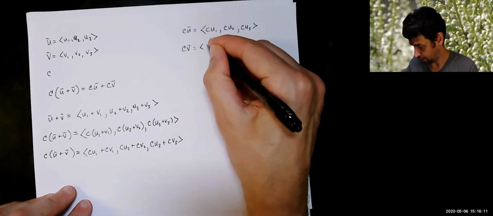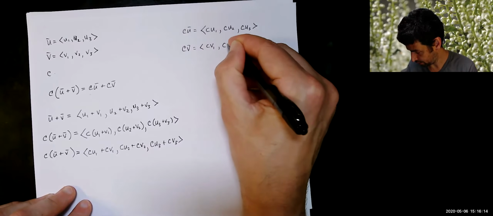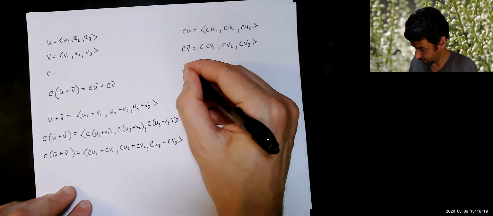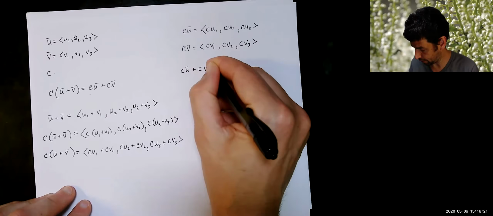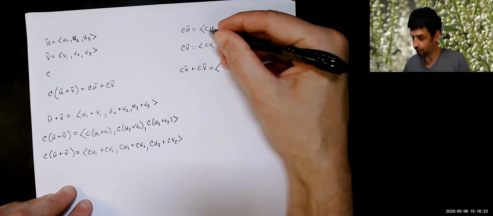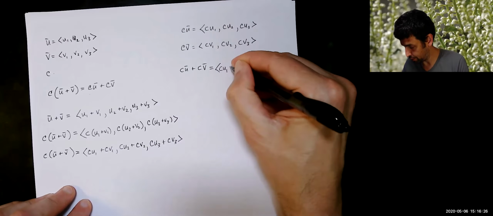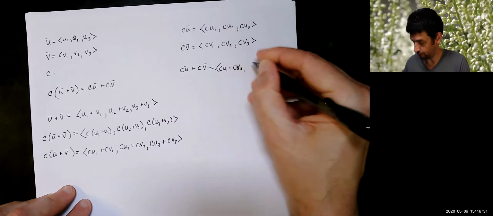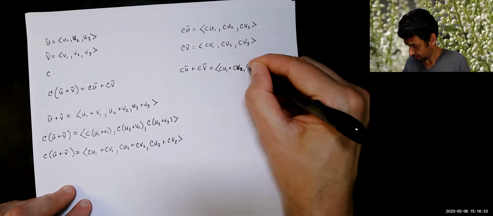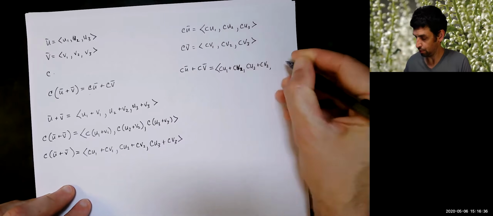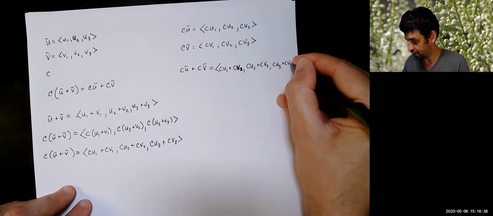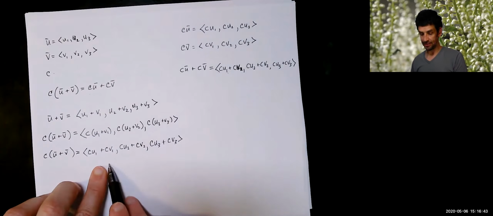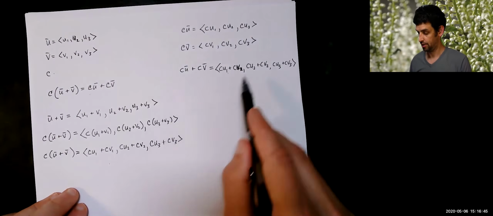CV is equal to CV1, CV2, CV3, which means CU plus CV is equal to, I just add components, CU1 plus CV1, CU2 plus CV2, CU3 plus CV3, right? I'm just adding each component. And lo and behold, that is precisely what we got down here, right?